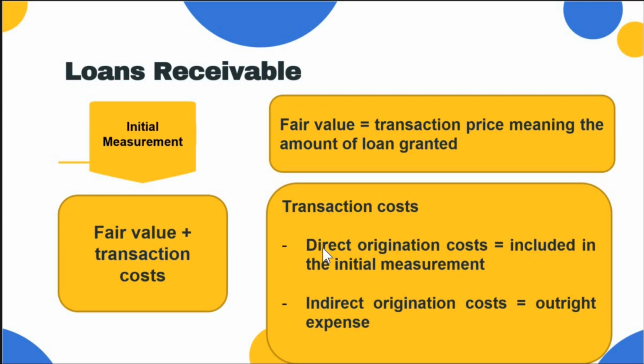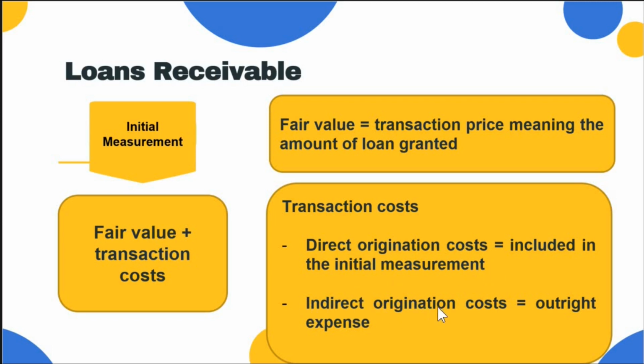So, take note that if this particular transaction cost is directly attributable to a certain loan, then it must be included in the initial measurement. So, in short, idadagdag natin itong direct origination cost sa initial measurement ng ating loans receivable.